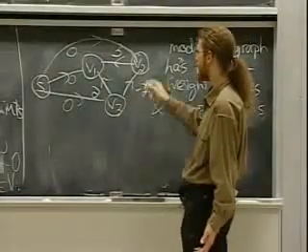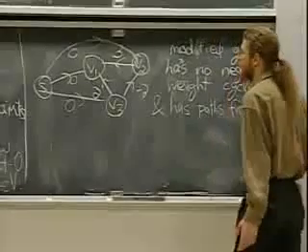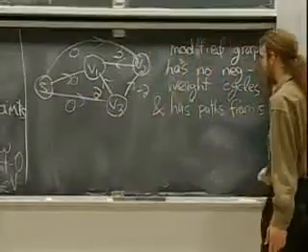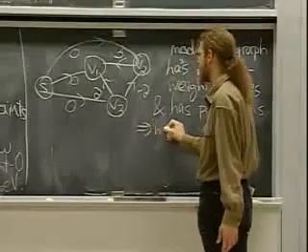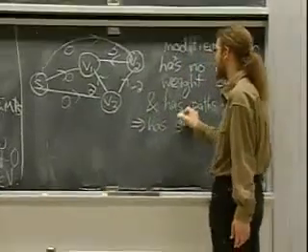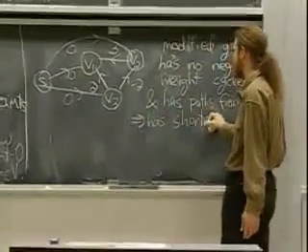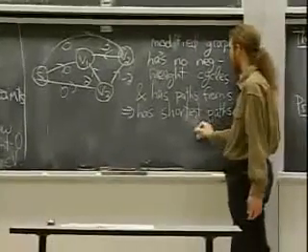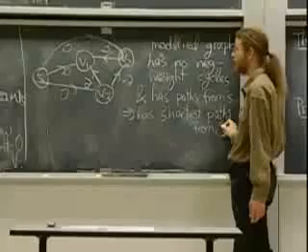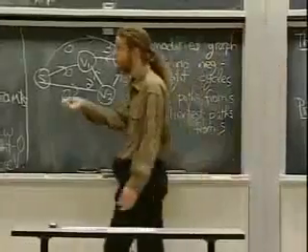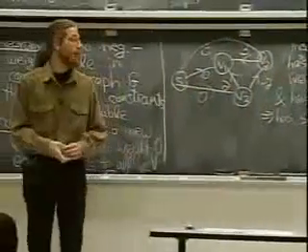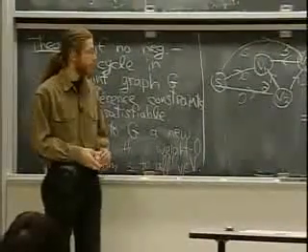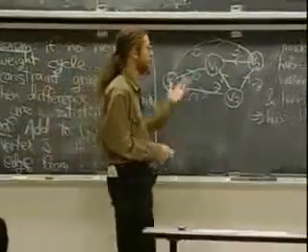Before I couldn't get from V2 to V3, for example. That's still true. But from S I can get to everywhere. So that means this modified graph has shortest paths. Shortest paths exist from S. In other words, if I ran Bellman-Ford from S, then I would get a bunch of finite numbers, d of v, for every vertex.